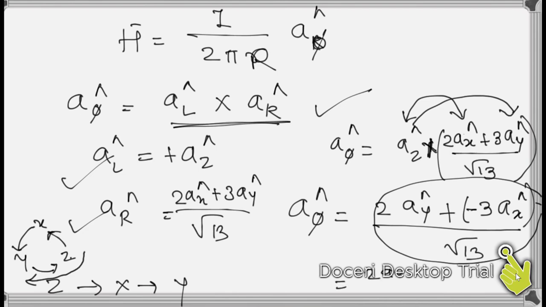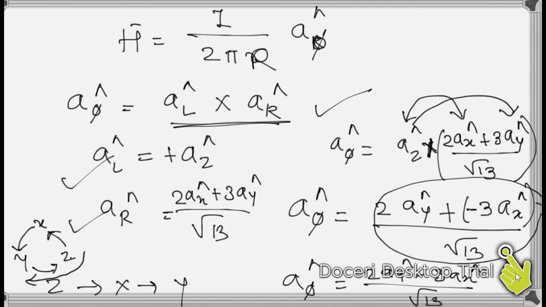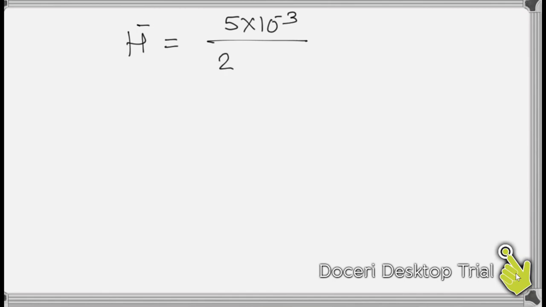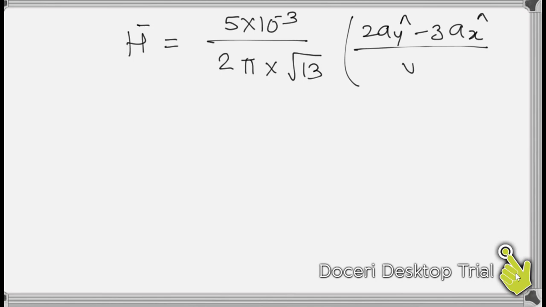That is our a phi cap. Now let us find the final thing, H bar. What is I given? 5 milliampere. So 5 into 10 raised to minus 3 divided by 2 pi r. So it is 2 into pi into r, where r is square root of 13, into (2aY cap minus 3aX cap) divided by square root of 13.